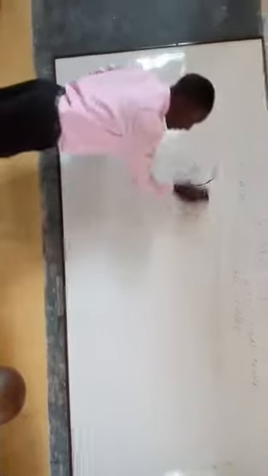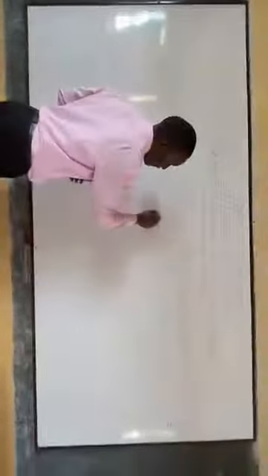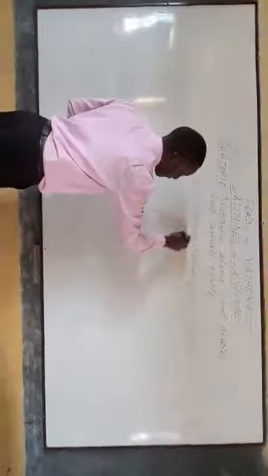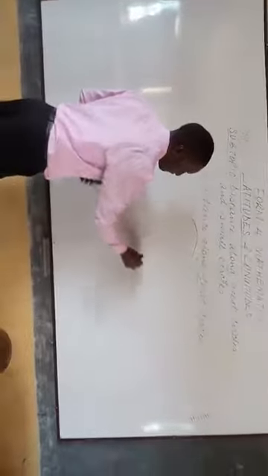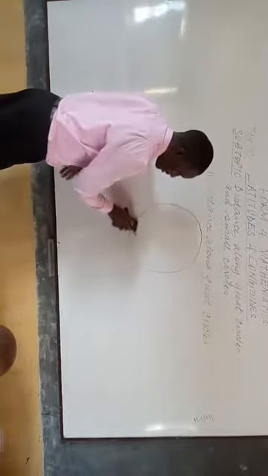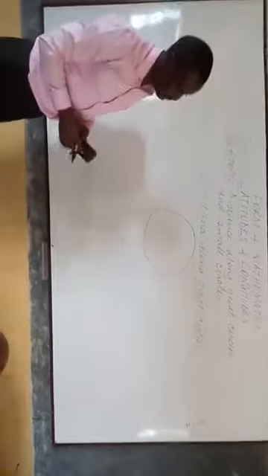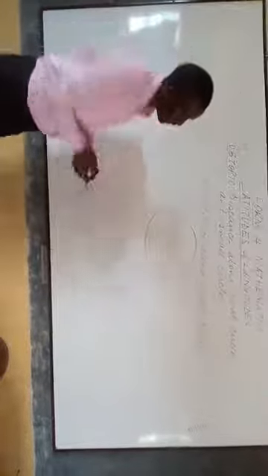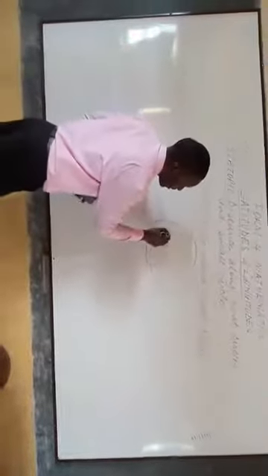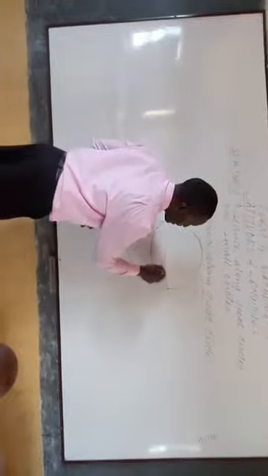I'll start with the equator. I'll now start with the equator, this being a great circle. Of course, I'm dividing our globe into two equal parts, and of course, its rear side here to complete the circle. It has a certain radius.